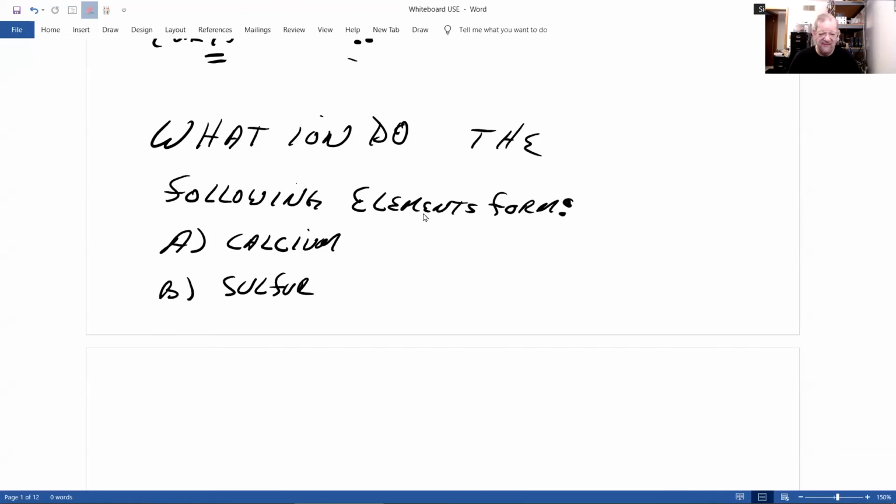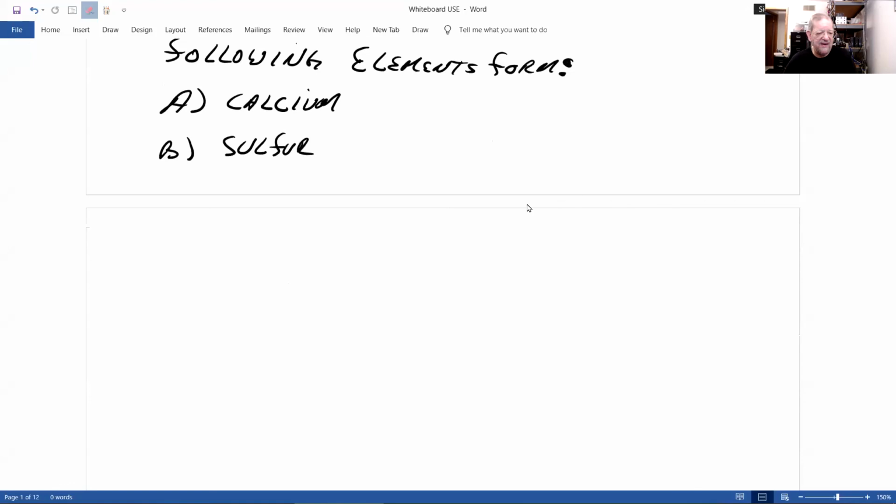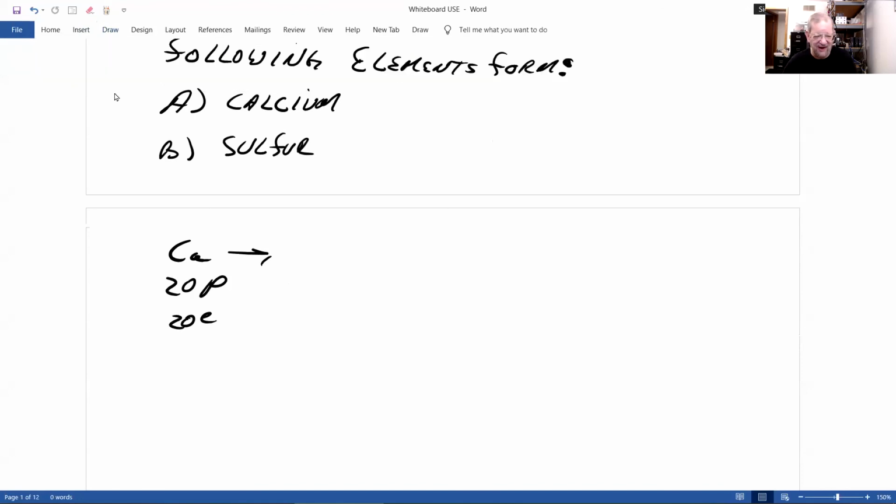For calcium, it's got 18 protons, 18 electrons. Oh, wait, I made a boo-boo. 20 protons, 20 electrons, and it wants to go to calcium ion.